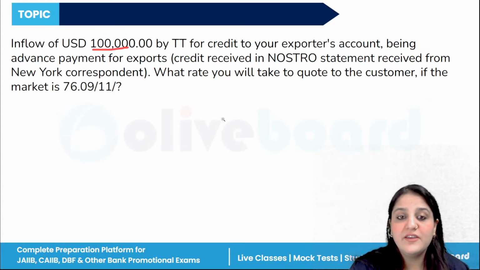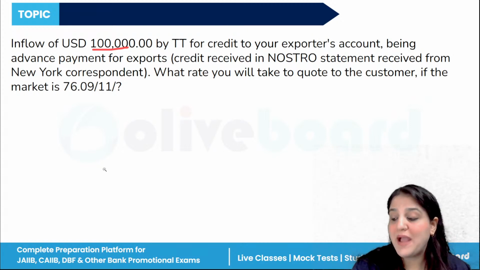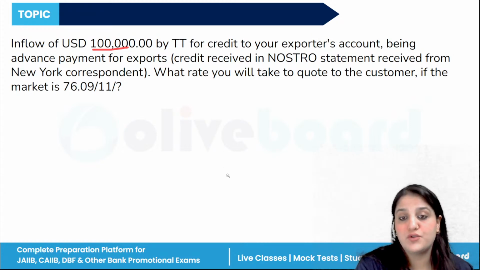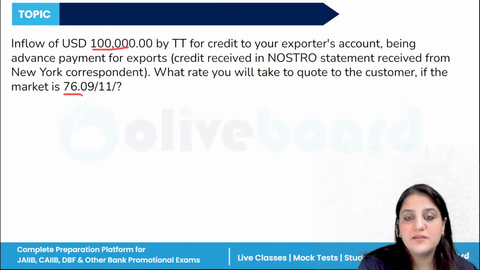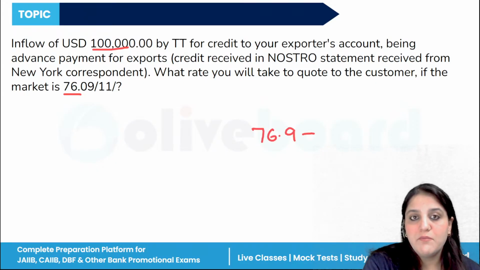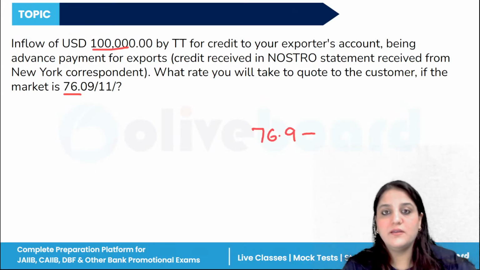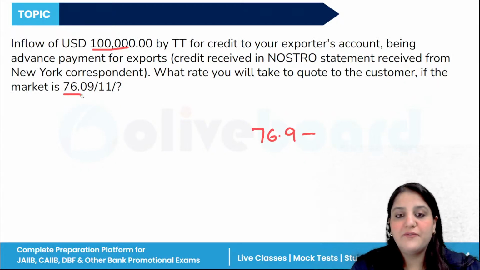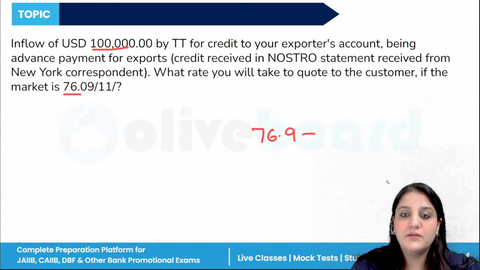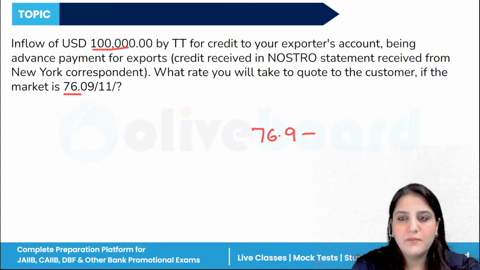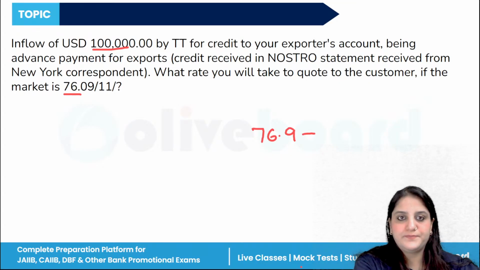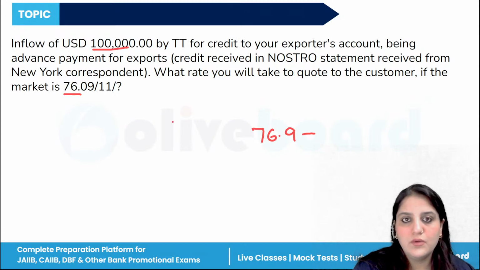So the rate is given, 76.09, because the bank is buying the US dollar from the customer. So simple here, 76.09 minus, here we have to deduct the margin, but the margin is not given here, right?